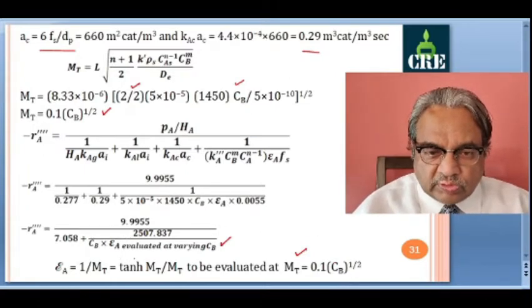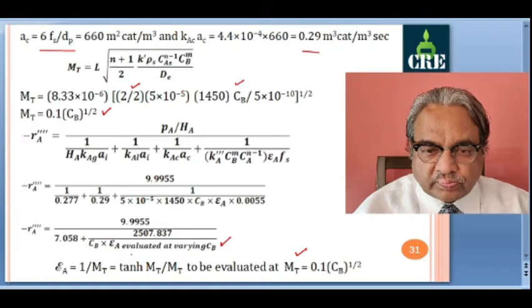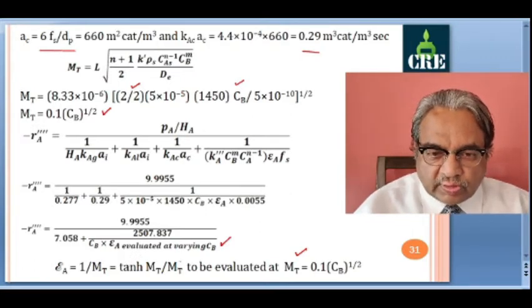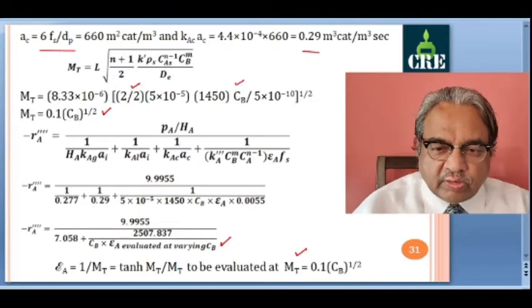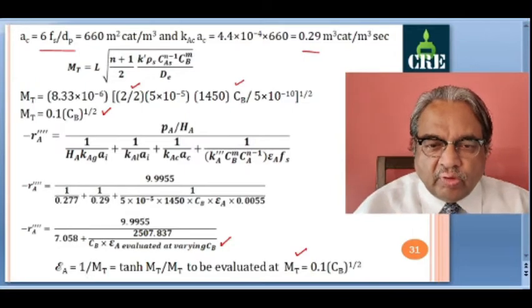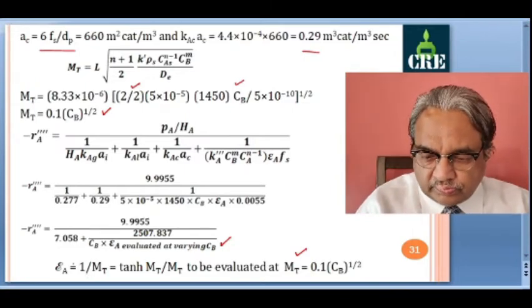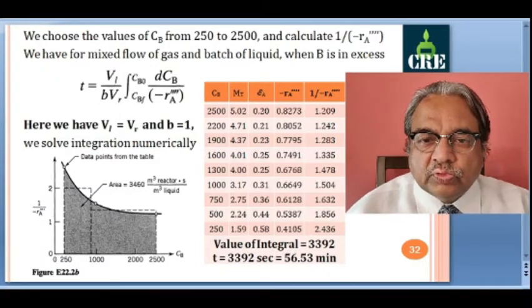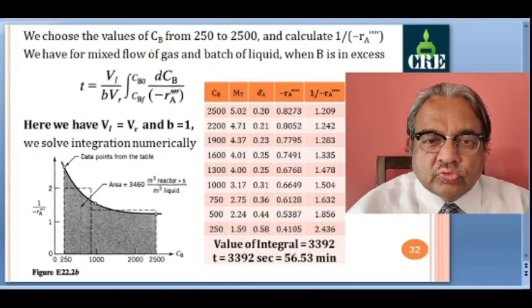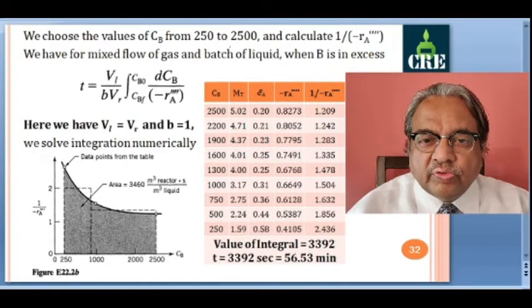So this will be valid for mt greater than 4. So we will consider this tanh mt by mt for evaluation of epsilon, and not directly 1 by mt before knowing the value of mt. So here you can see, choose the values of CB 250 to 2500.